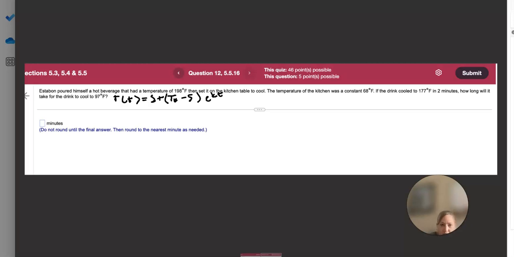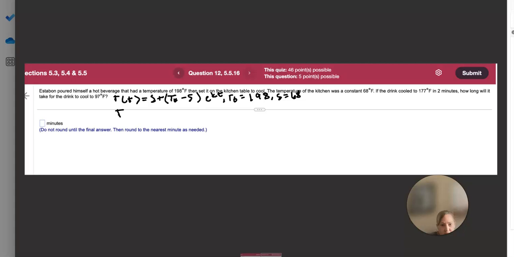So the first thing you need to know is that T sub 0 in this particular problem, that's your initial temperature, equals 198 degrees, and S equals 68. So you're going to plug those values in.